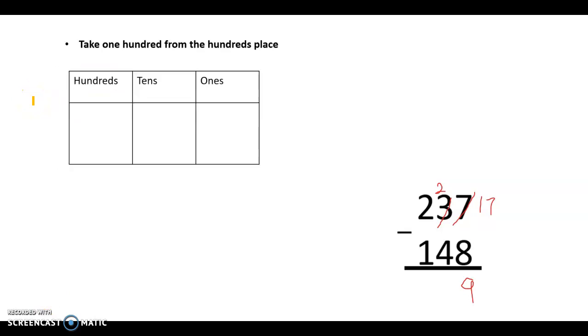All right. So I'm going to model my number that I have. So I have that 200. I've got 2 tens, and remember, I already moved over here where I have 17 ones, and I subtracted the 8, which gave me the total of my 9 ones.